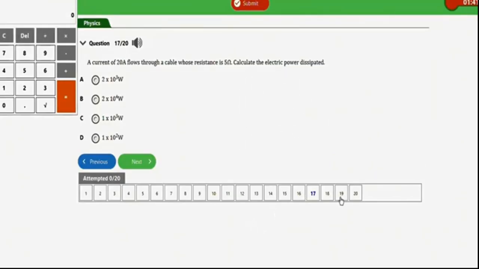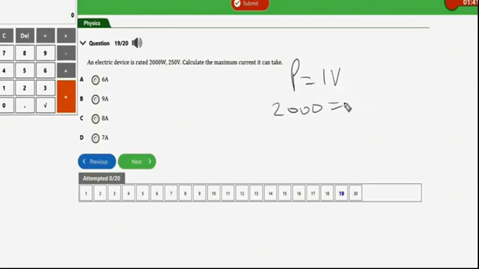So the next repeated question with this one, it says an electric device is rated 2000 watts, 250 volt. Calculate the maximum current it can take. So we are looking for current. We can use this formula, power equals IV. So we have the power is 2000 equals our voltage is 250. Okay, we are looking for I, the current.